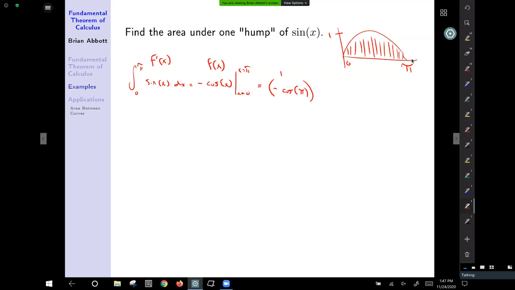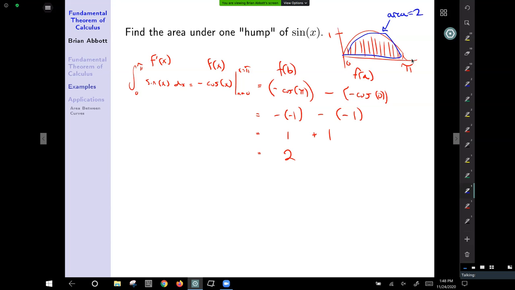Well, this is f of b, your top bound, minus f of a. So we're going to take that, and we're going to subtract negative cosine of 0. We know what these values are. That's negative negative 1 minus negative 1. So that's going to be positive 1 plus 1 gives us 2. So this area right here, what we just calculated is that this has area equal to 2, which is kind of fun.